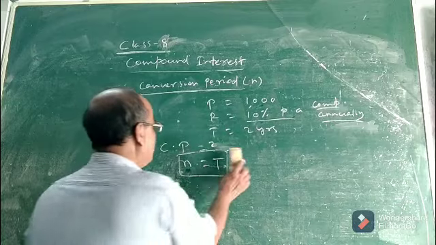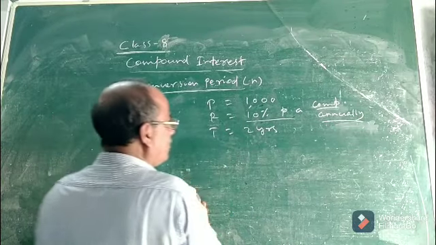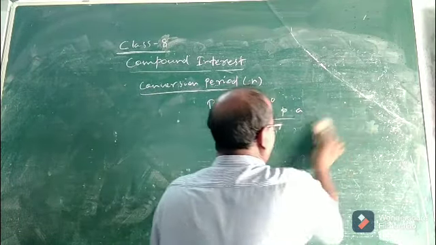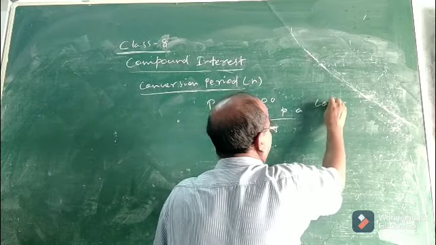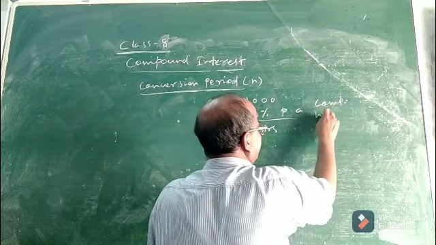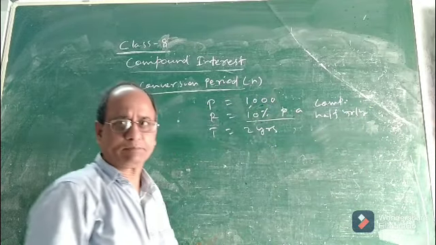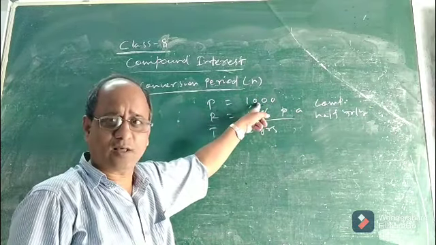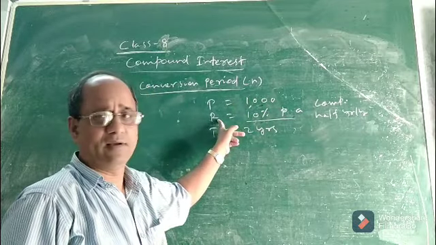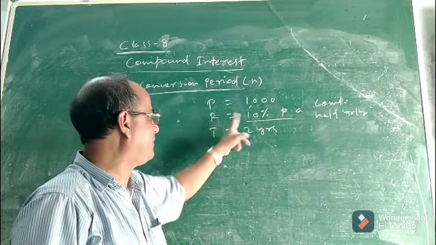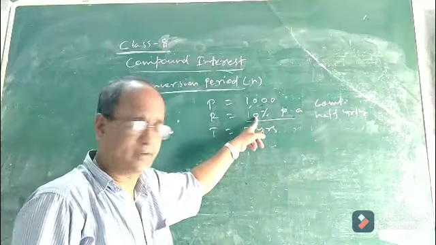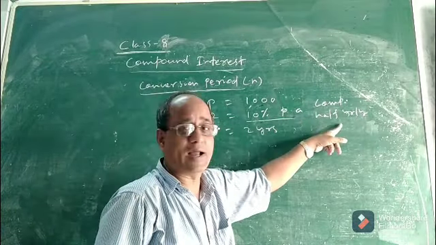Okay. Now, suppose this is not given annually. Suppose it is given compounded half yearly. The same question I am changing. Suppose this is 1000 rupees principal, it is kept in the bank, and the bank pays a 10% rate of interest per annum, compounded half yearly.